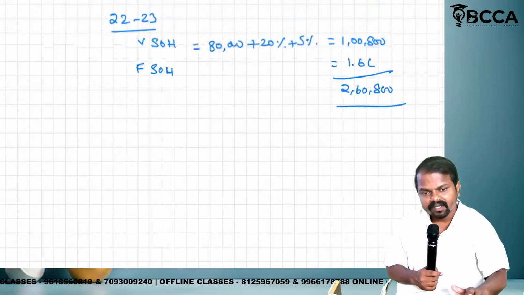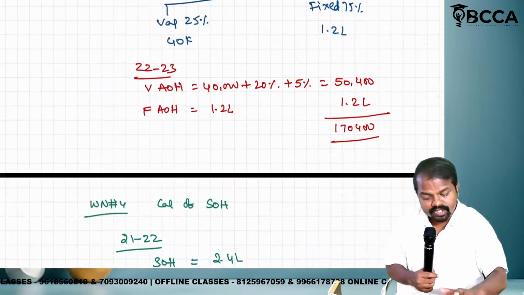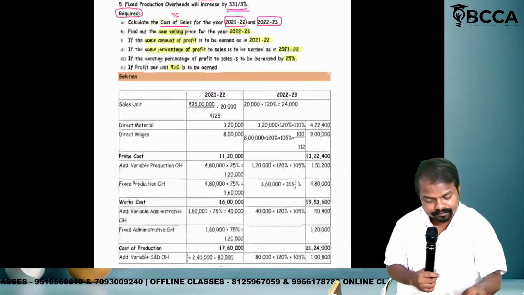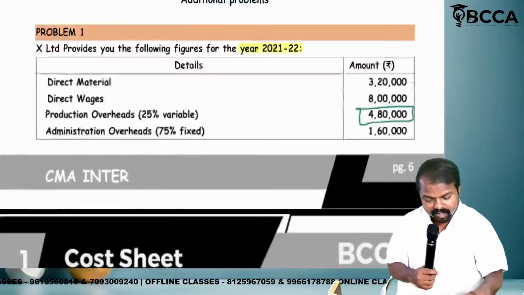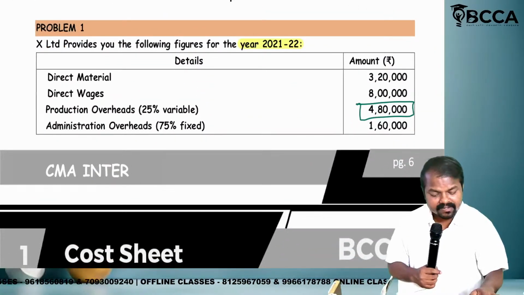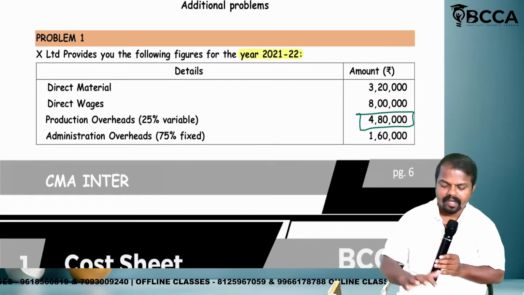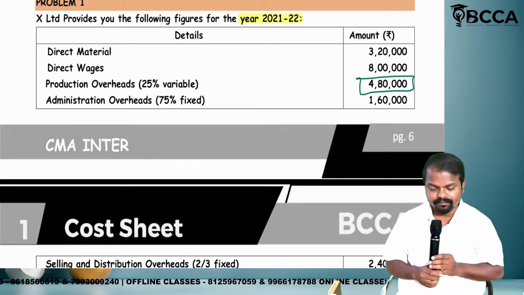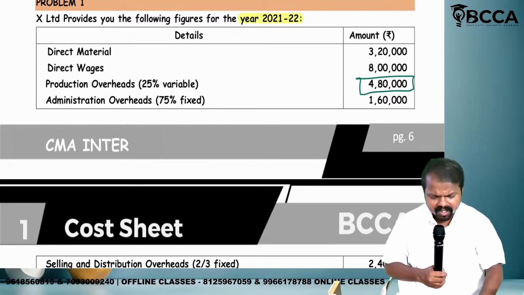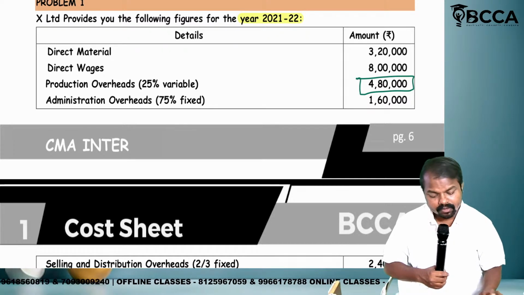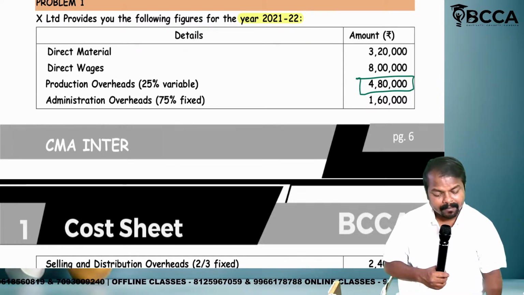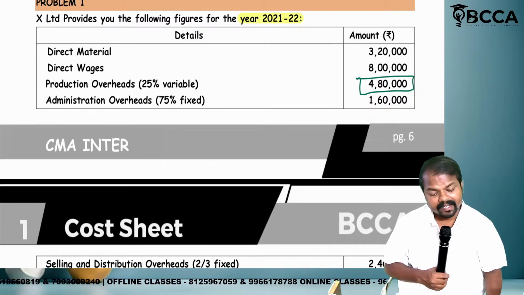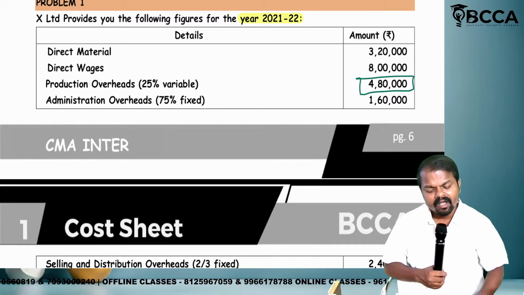What is the question? Please open the question. Question number 1, page number 6. Additional problem. X Limited provides the following figures for the year 21-22: direct material 3,20,000, labor 8 lakh, production overhead 4,80,000.